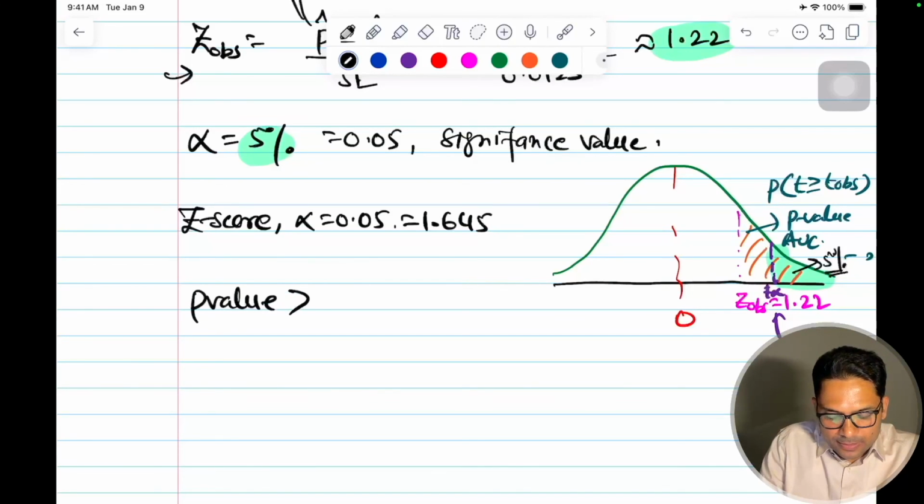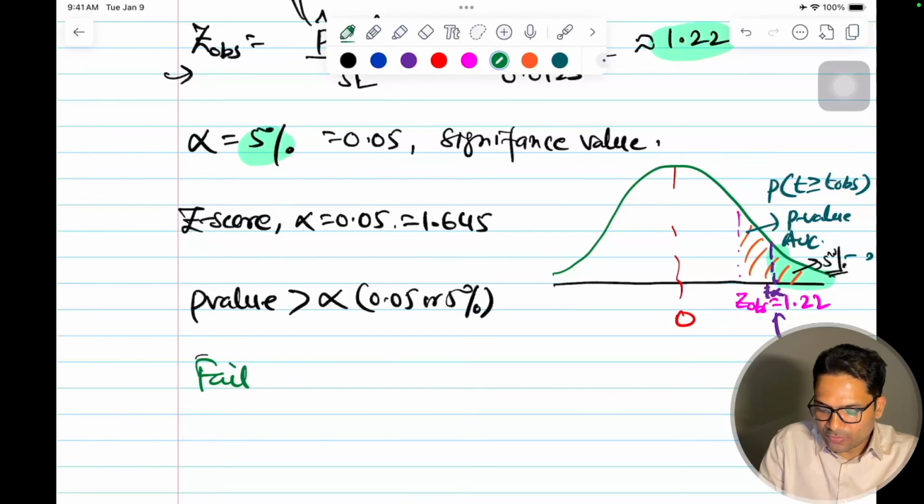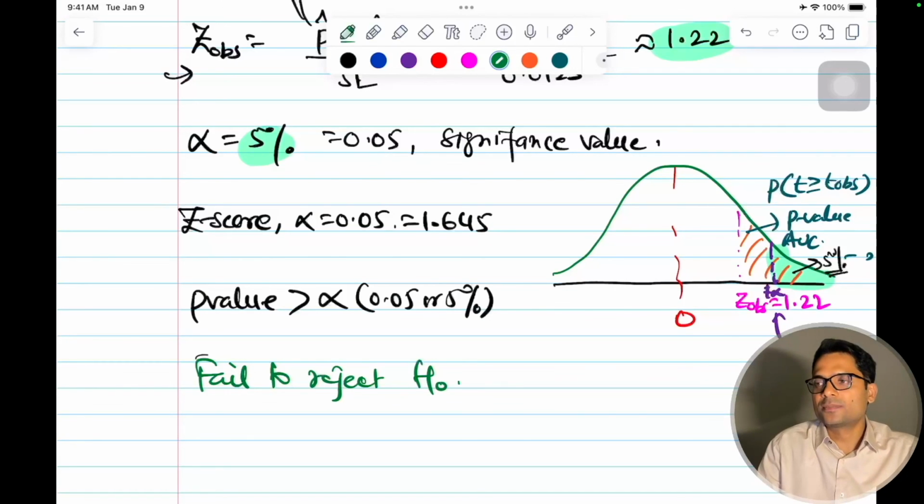is greater than the significance level, which is 0.05 or 5%. The area under the curve on this side will definitely be greater, because there is some more area under the curve under this. So this is greater than this, which means we fail to reject the null hypothesis. So what is the conclusion here? We fail to reject the null hypothesis.